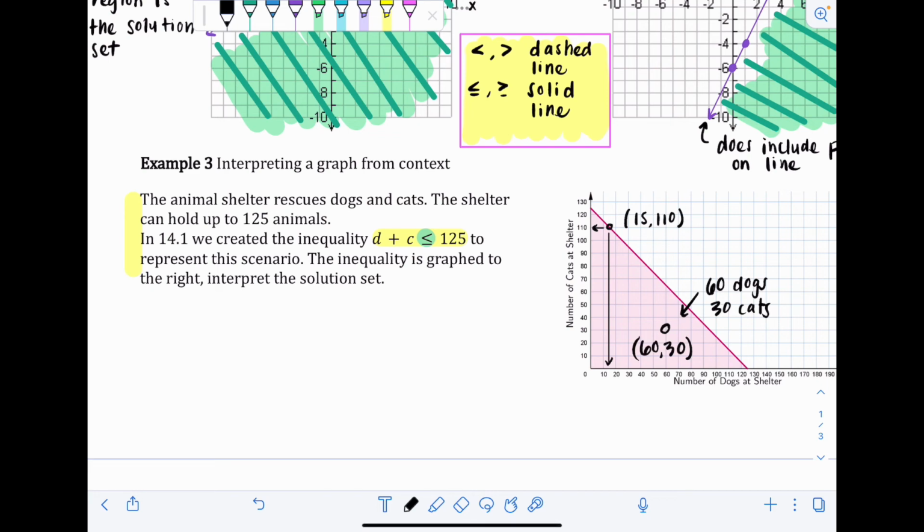That's a lot of cats. So we could have 15 dogs and 110 cats, which again makes sense in the context of this problem, because we can have up to 125 animals, and if we have 15 dogs and 110 cats, that's exactly 125, so that's included in the up to. That's our limit. Okay, so the biggest thing to pull from this example is that any point within the shaded region is a solution.